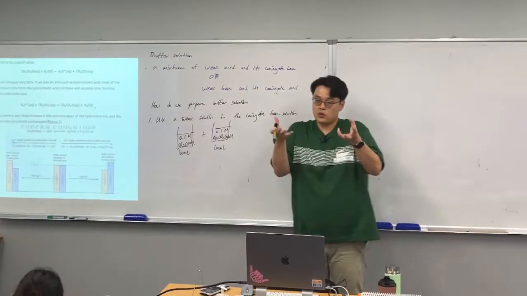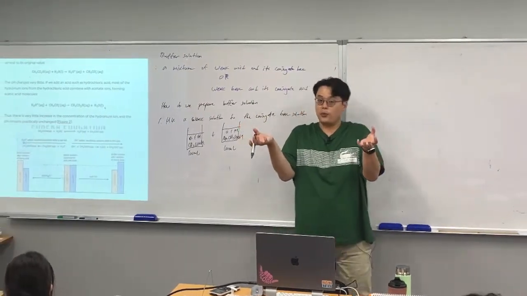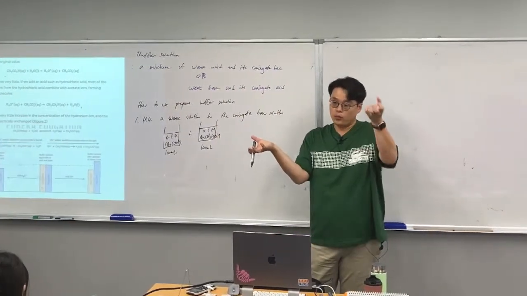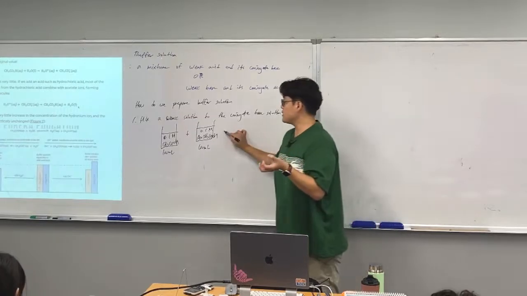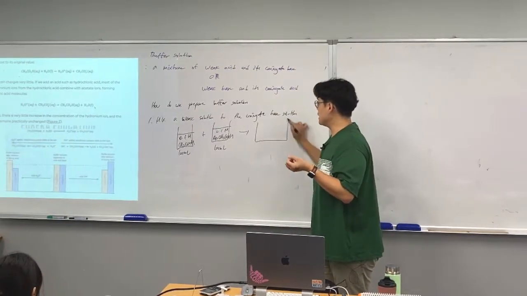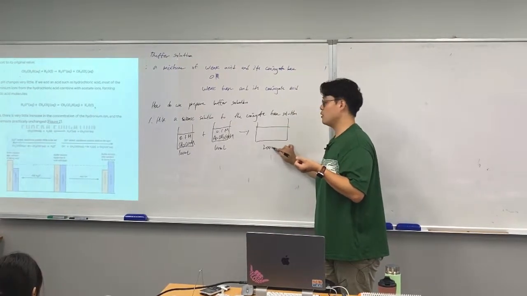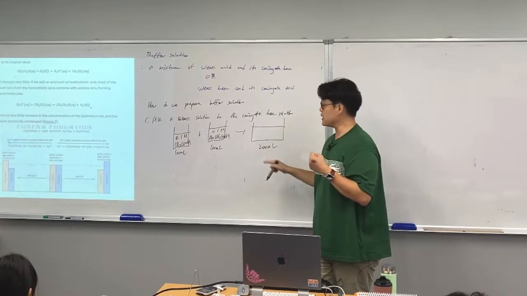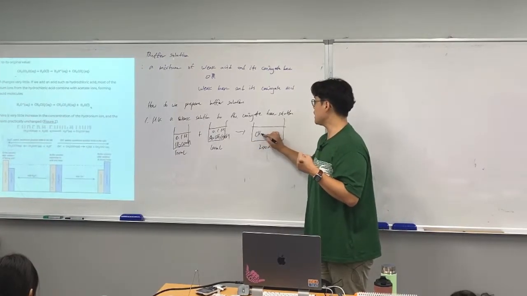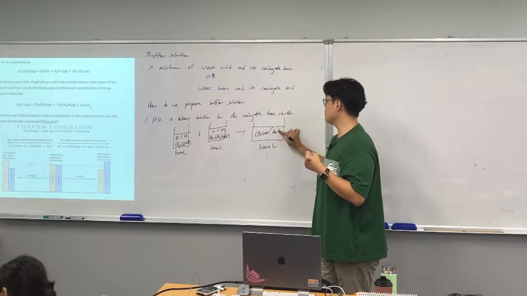So you prepare two separate beakers, one with the acetic acid, another with the conjugate base of that, mixing these two, and the result is you get 200 mL of the buffer solution that's a mix of CH3COOH as well as sodium acetate.